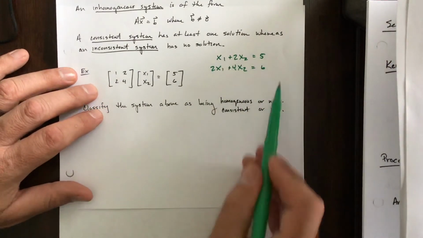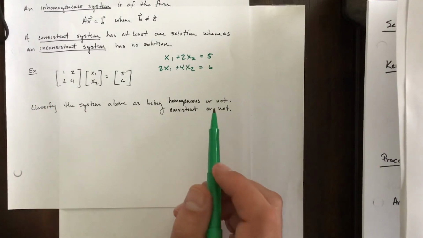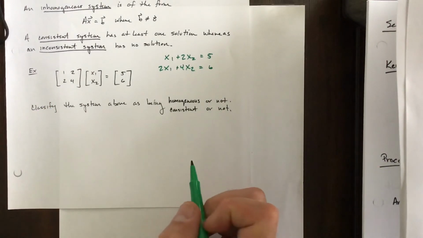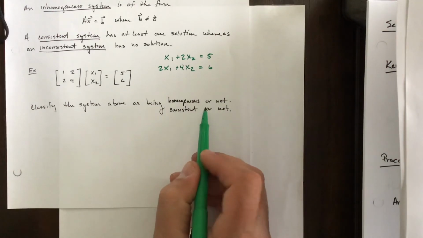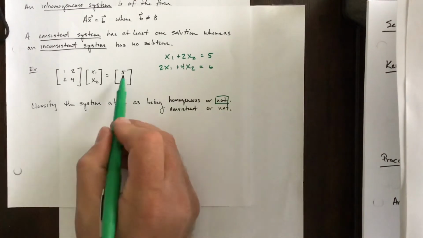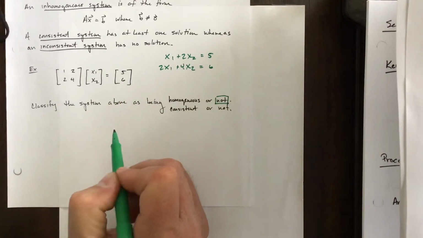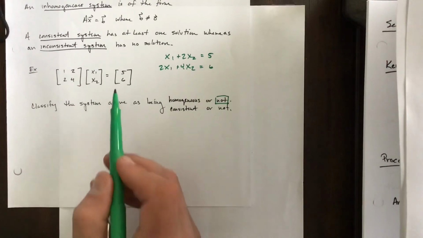So this is the system of equations that we're trying to solve. Well, first off, is the system homogeneous or not? And the answer is it's not, because the resultant matrix is not the 0 matrix. So this is not a homogeneous system. We can see that by inspection.